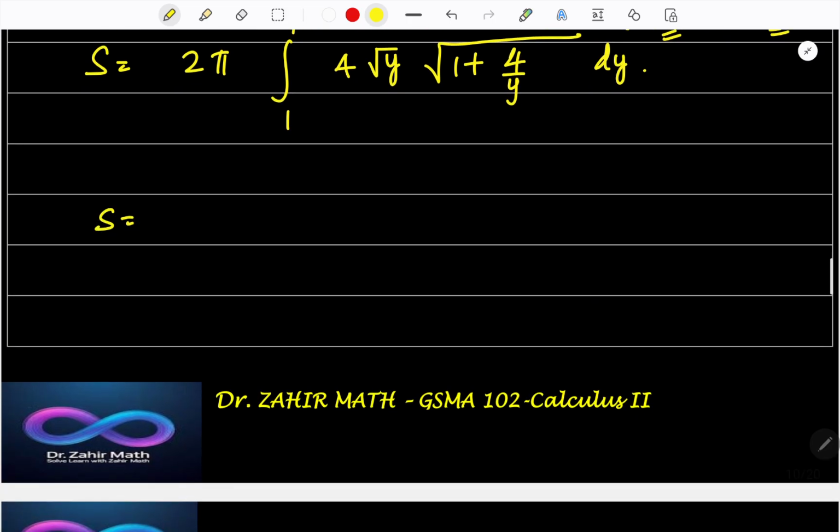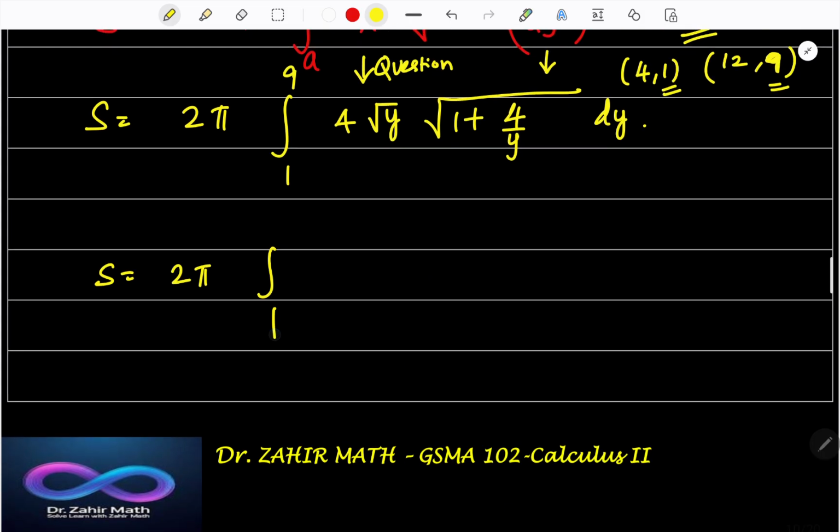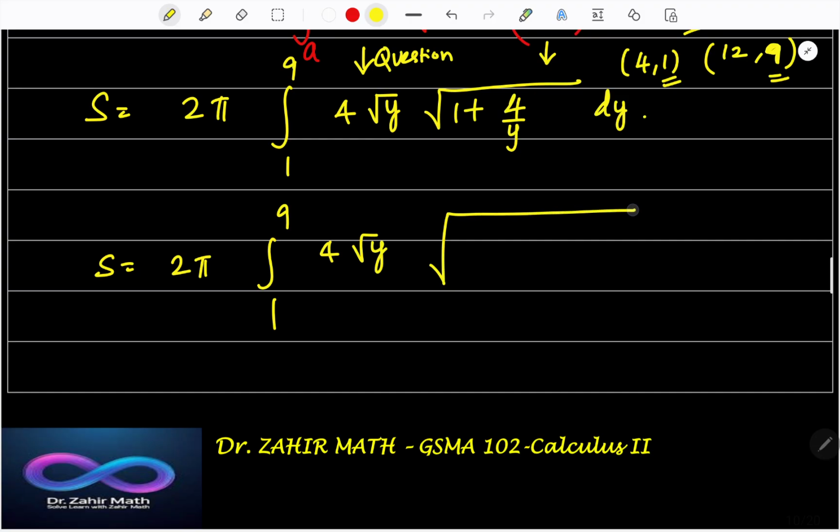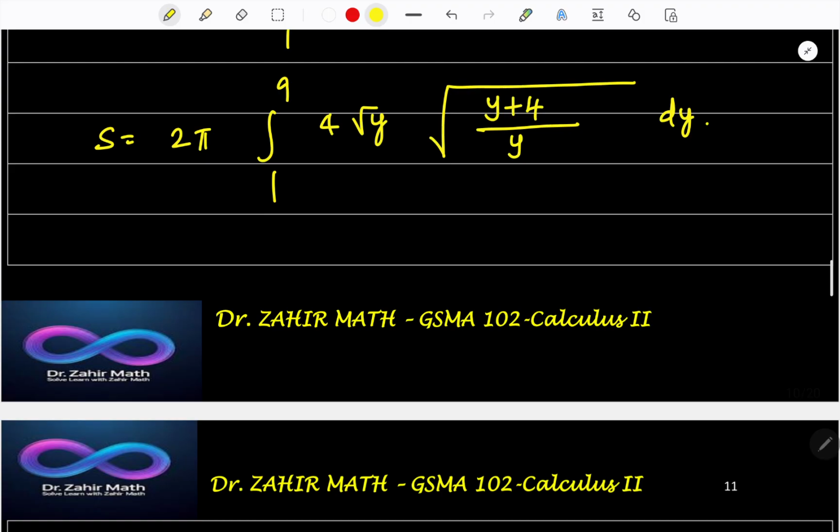So S is equal to 2 pi integral 1 to 9, 4 times square root of y. I take the LCM as y. So this is also 1 by 1. So I cross multiply here and here. So y plus 4, dy. So S is equal to 2 pi integral 1 to 9, 4 times square root of y.